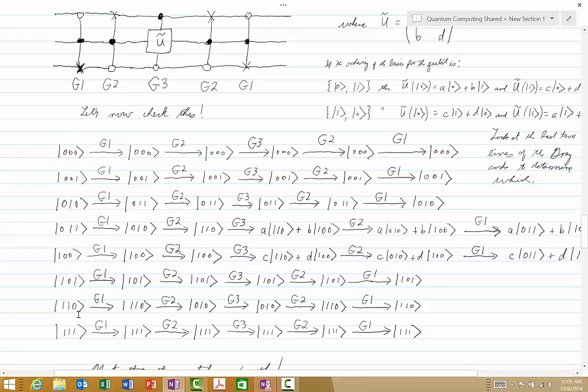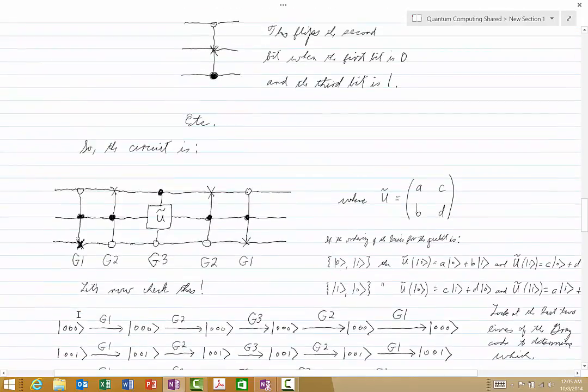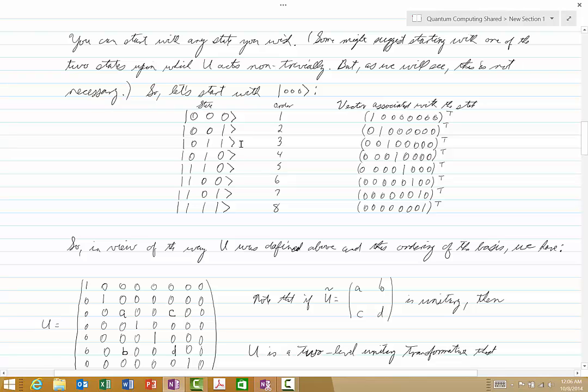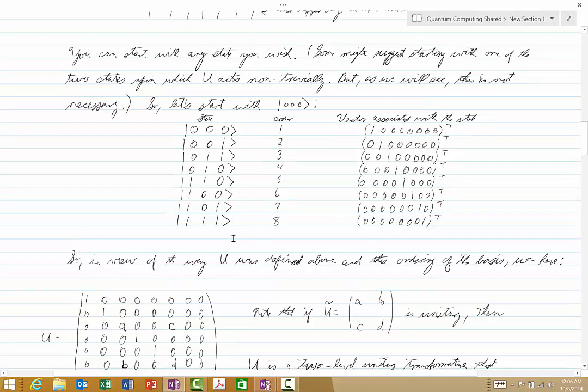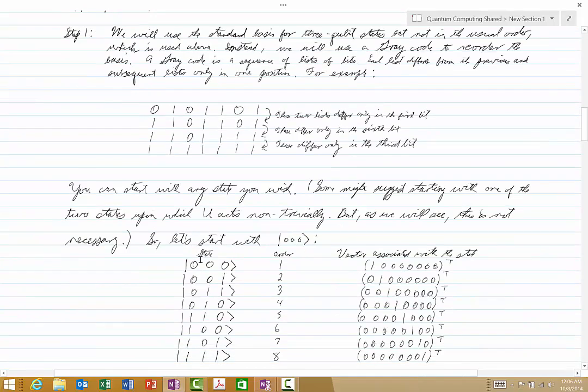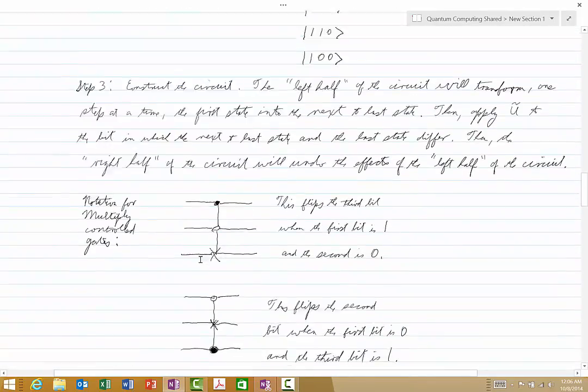In some ways, it would be more convenient to use the order specified right here. But of course, in the end, the transformation must act in this way. So let's see what happens.